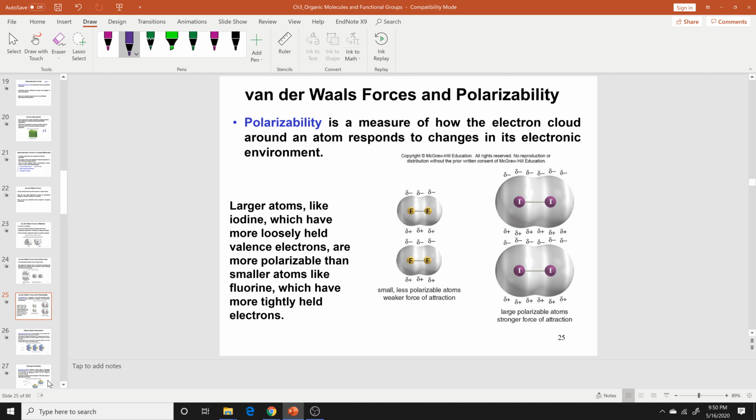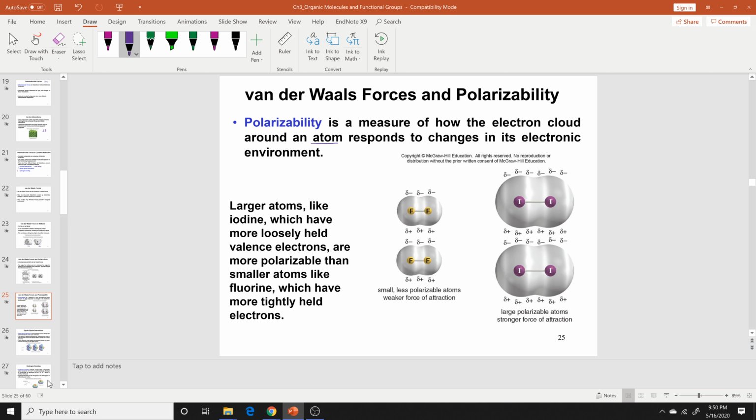So polarizability is a term that we use for electronegative elements, so fluorine, chlorine, bromine, and iodine. It's the measure of how the electronic cloud around the atom, not just any atom, but electronegative halogens or atoms, responds to changes in the environment.